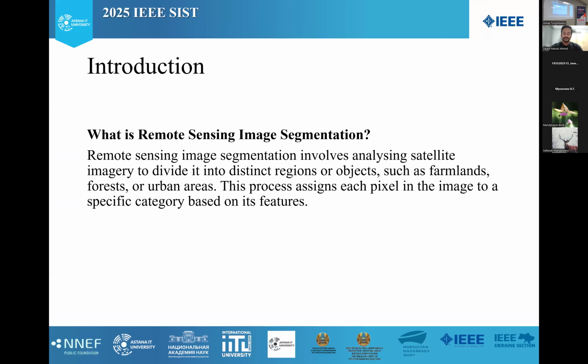What is remote sensing image segmentation? Sensing images we can collect through satellite or drone footage, anything. Then we divide those images into distinct regions and objects, such as farmland, forest, or urban areas. And then we assign each pixel in an image to a specific category based on its features.